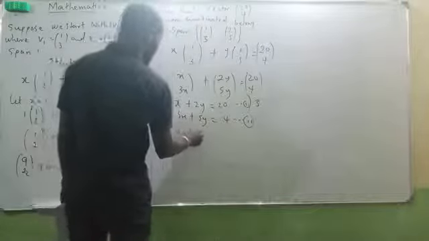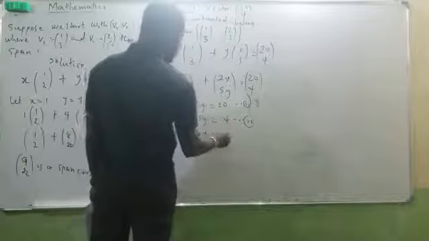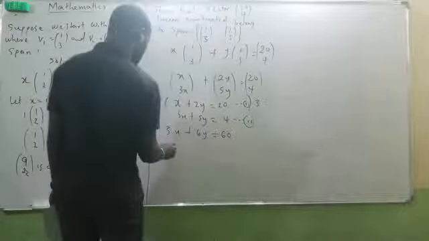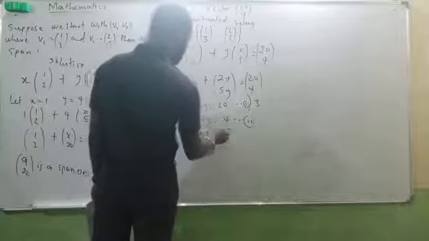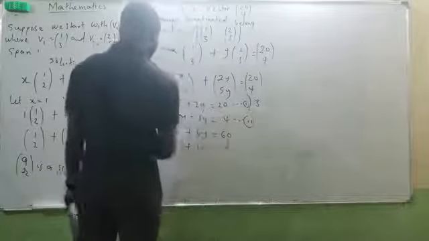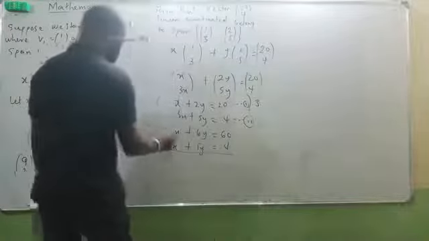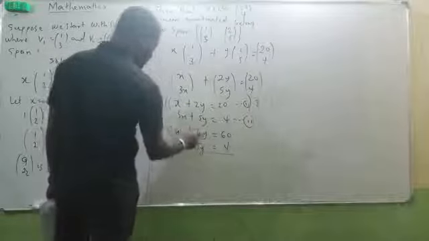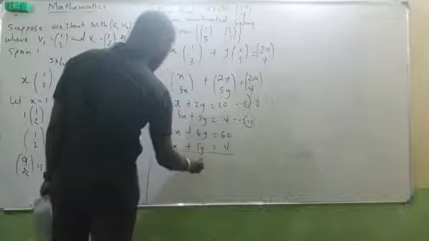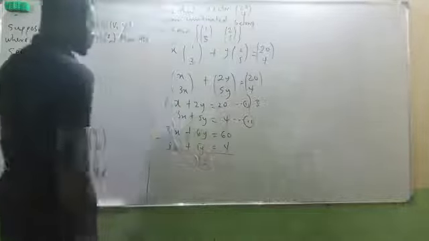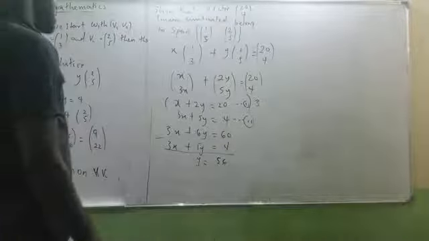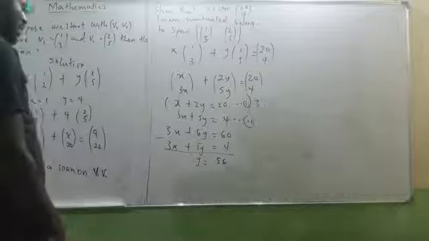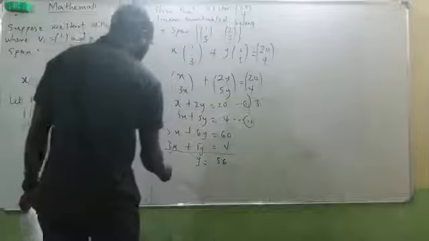I have 3x plus 6y equals to 60. This is going to be 3x plus 5y equals to 4. Now I'm trying to work on elimination. This becomes 0, this becomes 1, y equals to, that will be 56.